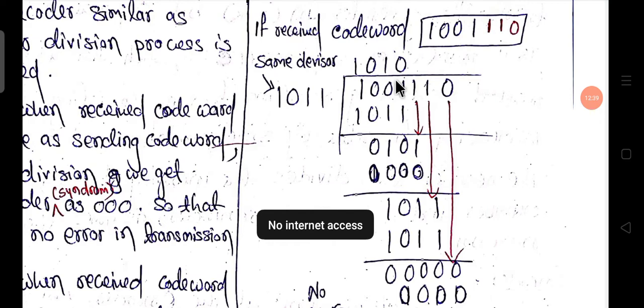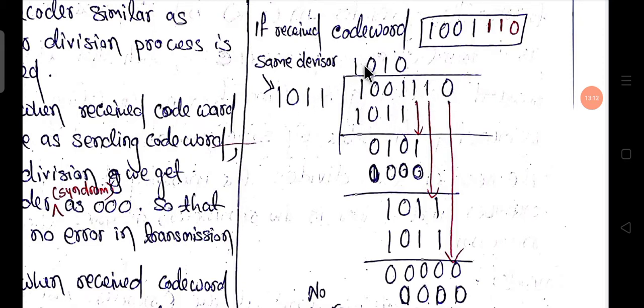Let us see. At the receiver end, the received data is divided by the same divisor that was used at the sender end.